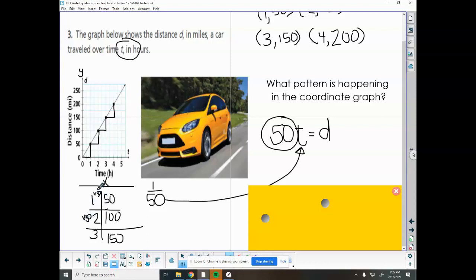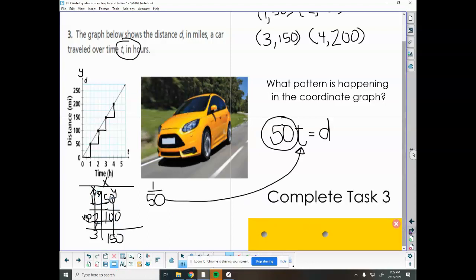So every time, what am I doing? Multiplying by 50 to the x, or in this case, the t for time, equals the y, in this case d for distance. So this number here, this constant, comes from this pattern. What are you doing to get from x to y? So go ahead and complete the task.